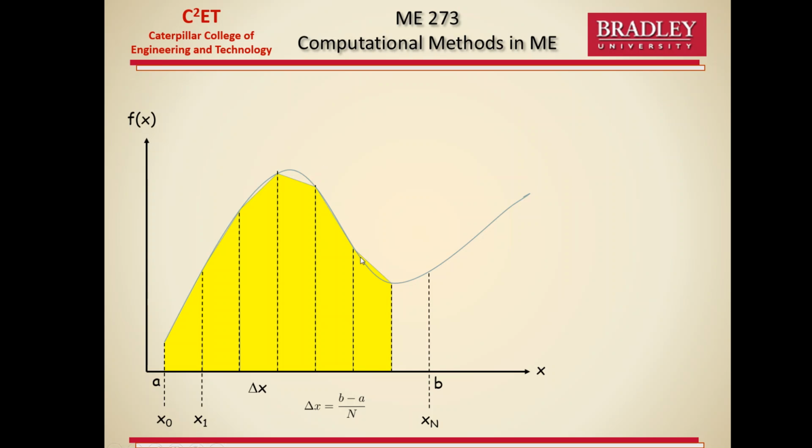So these are straight lines, so we're using trapezoids now. And so instead of using the area of rectangles, we're going to use the area of trapezoids. You're going to see that this algorithm does a little better than using rectangles. So it's a different shape, a little better approach when you have such curved functions like this.